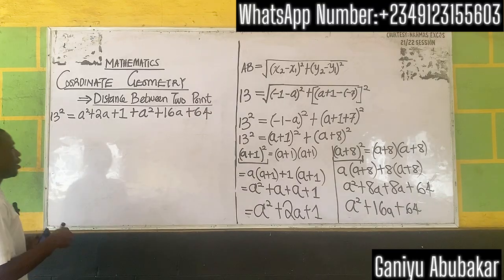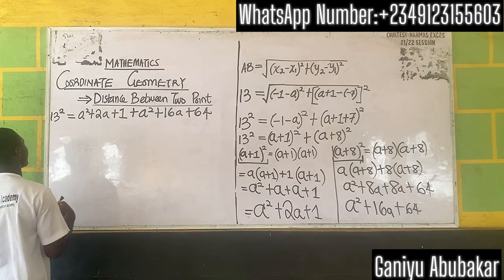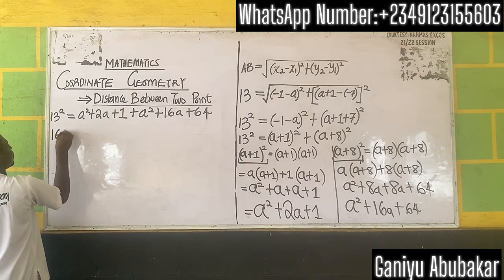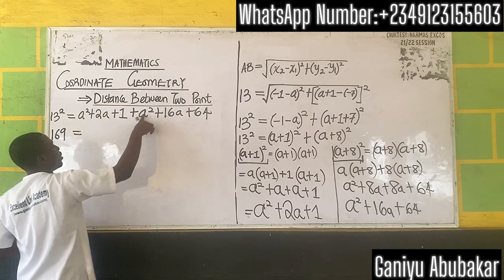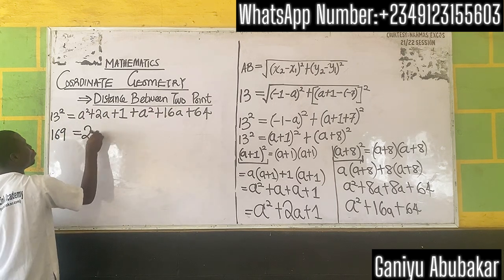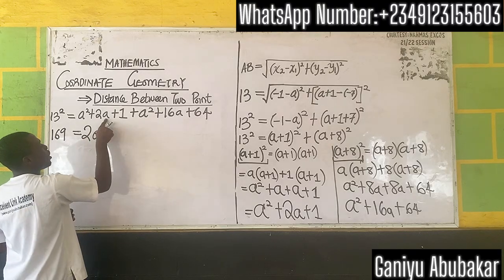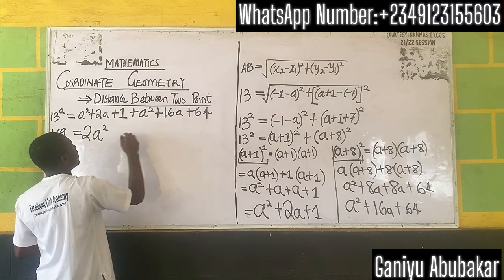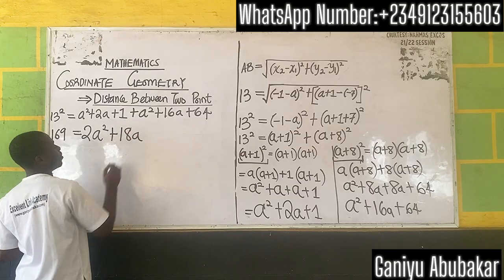My task here is to obviously collect like terms. That's all at this junction here. Alright. So don't forget that 13 squared gives you 169, which is equal to A squared plus A squared, that gives you 2A squared, plus 2A plus 16A, that gives you 18A.